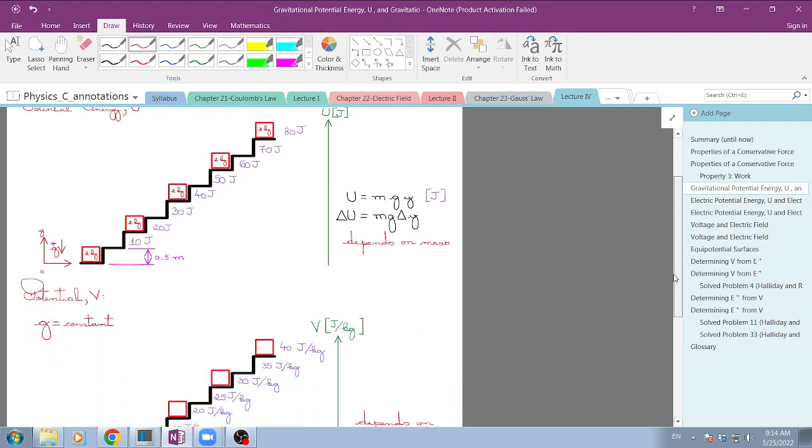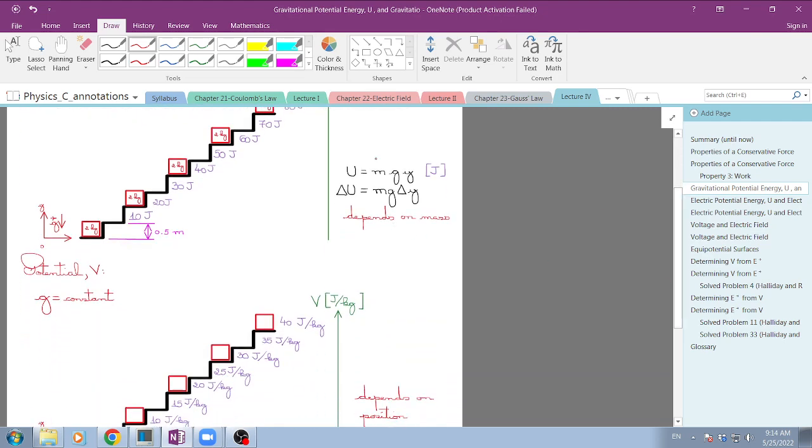If I normalize what I already know here by mass, I could take this expression and normalize it by mass.